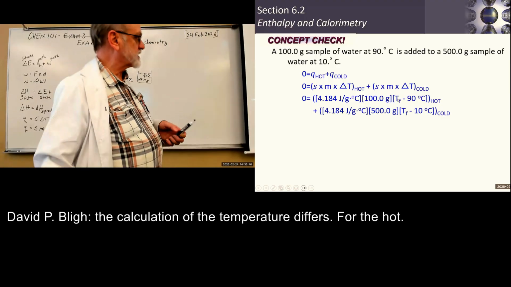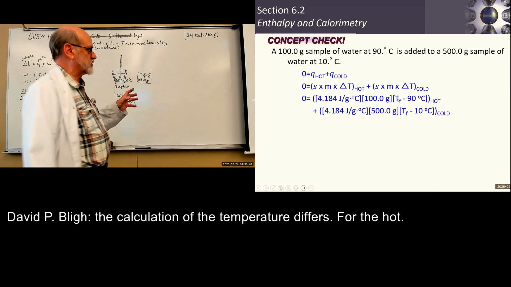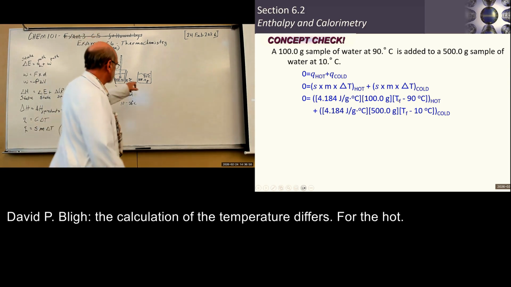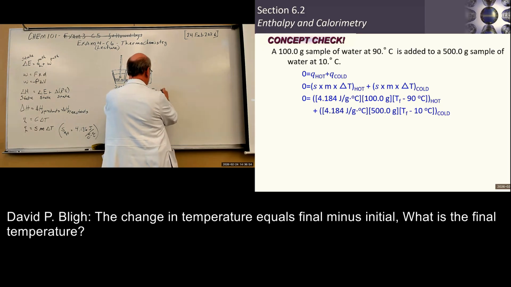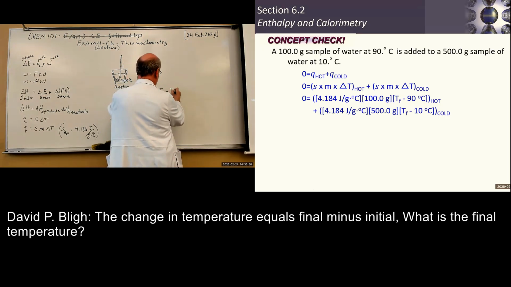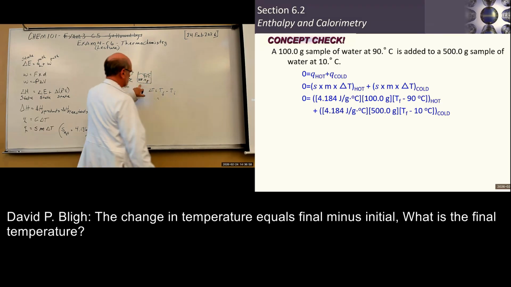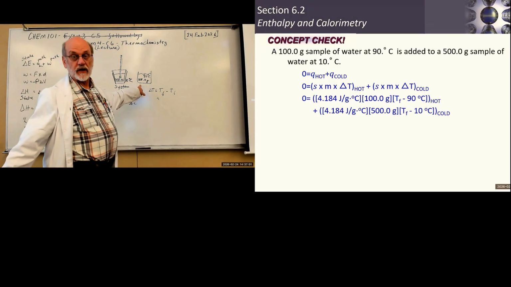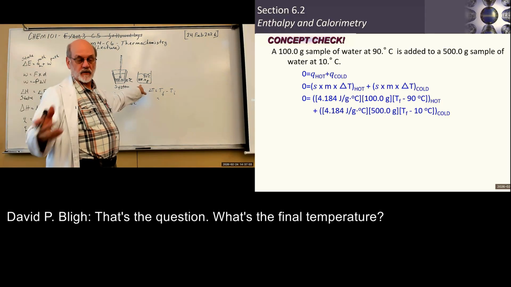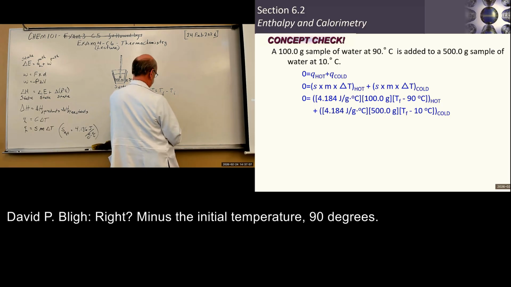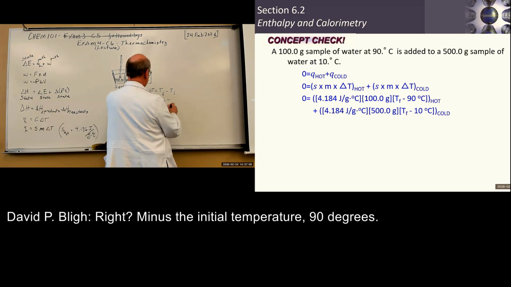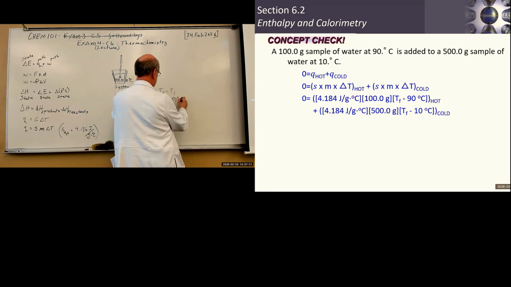Now, here's where the calculation of the temperature differs. For the hot, the change in temperature equals final minus initial. What is the final temperature? It's unknown. That's the question. Final temperature minus the initial temperature, 90 degrees.